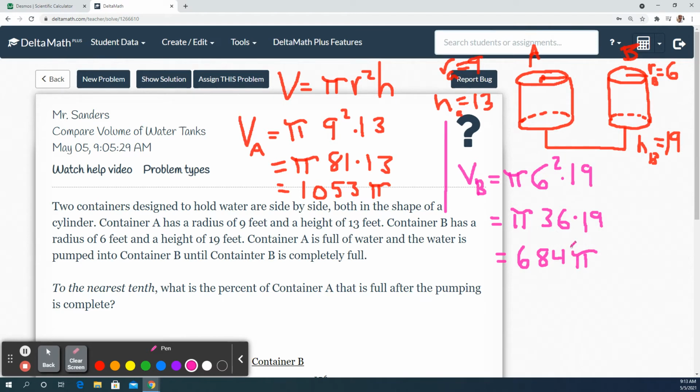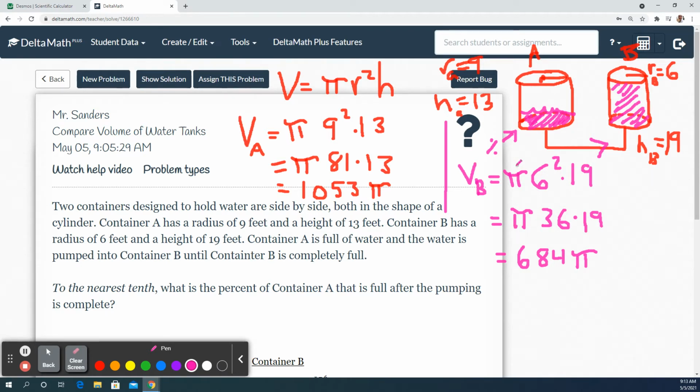We still have that pi. All right, good. So from tank A, it gets pumped into tank B and fills it up. And then we have some liquid left that's still in tank A. And then we want the percentage of what's left.